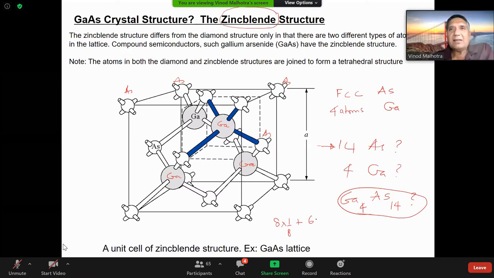And there are 6 on the faces, only half of it is part of that cube. So this gives me what? 4? So in this primitive unit cell, I have 4 arsenic. Literally, I have 4 arsenic contributing to this and 4 gallium. So the stoichiometry indeed is not this. It is gallium arsenide.